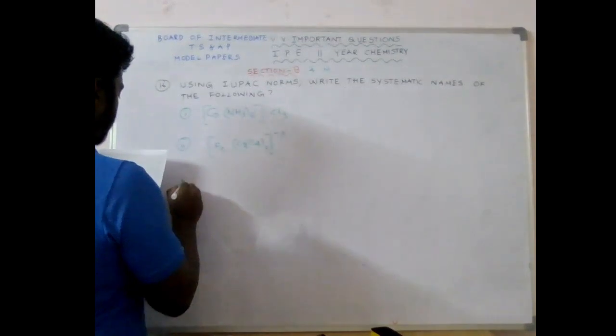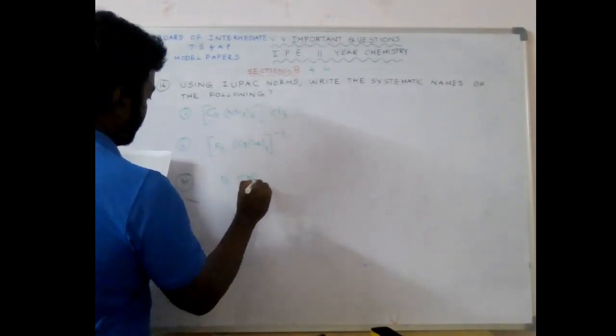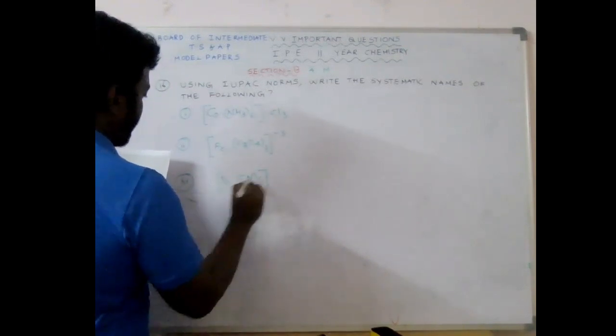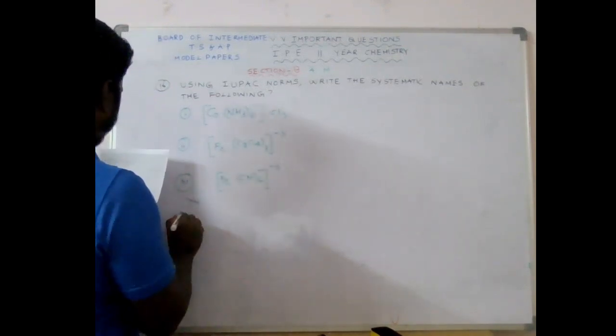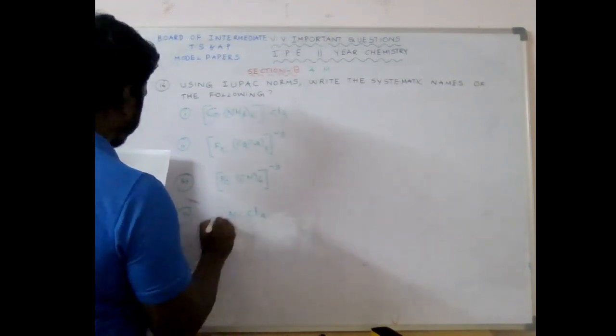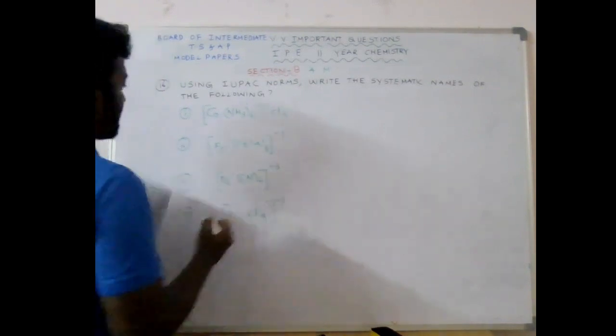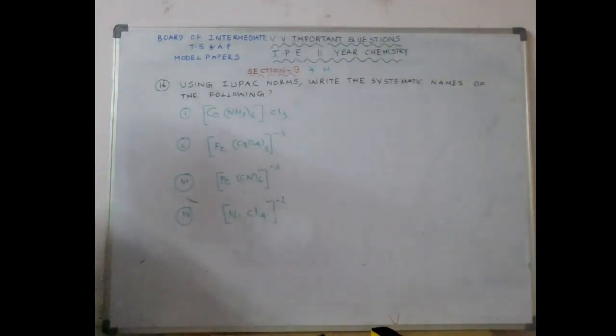Third, [Fe(CN)6]3-. Cyano, that one is cyano. And fourth one, [NiCl4]2-. Whatever the complexes, all of them contain monodentate ligands only, except the second one.